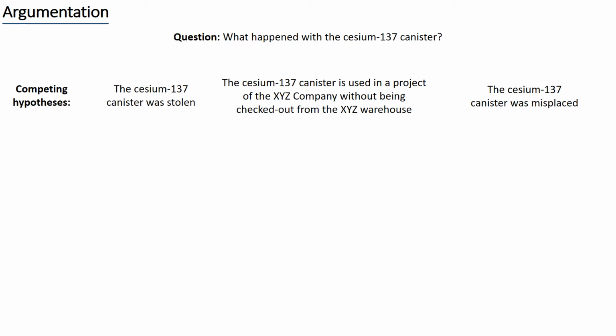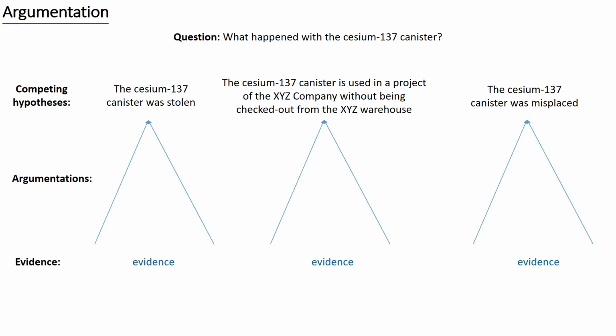The cesium canister is used in a project of the XYZ company without being checked out from the warehouse. The cesium canister was misplaced. These are the competing hypotheses. We need to assess the probability of each hypothesis by developing an argumentation for each, showing how the evidence favors or disfavors the corresponding hypothesis.